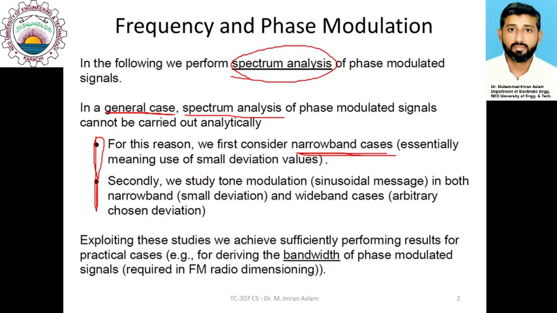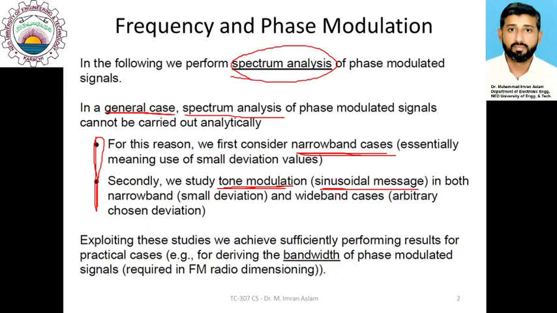For the wideband case, as I mentioned, that generalized analysis is not very easy. In that case, we will analyze the wideband case by using a tone modulation. Tone modulation means we will be considering a sinusoidal message signal of a single frequency.